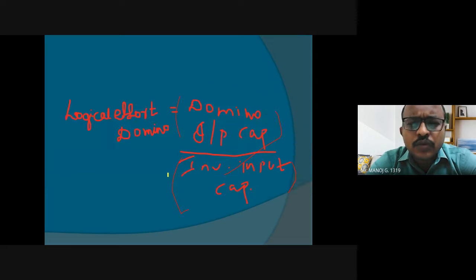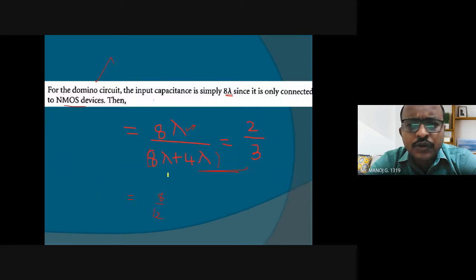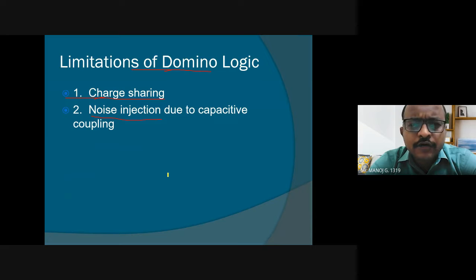Then we saw how to calculate the logical effort for a domino logic. Then we had two limitations: one is the charge sharing, the other one is the noise rejection part.